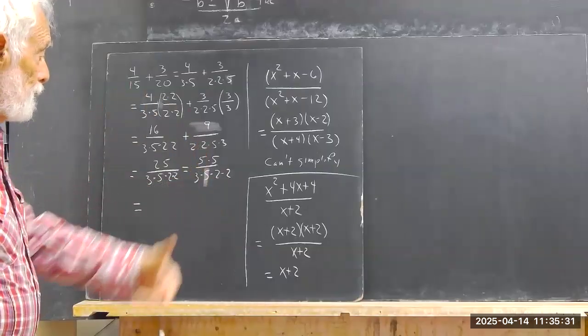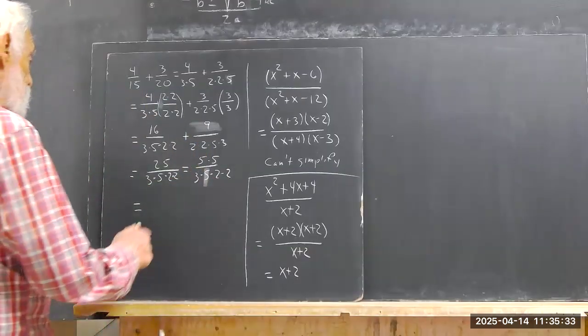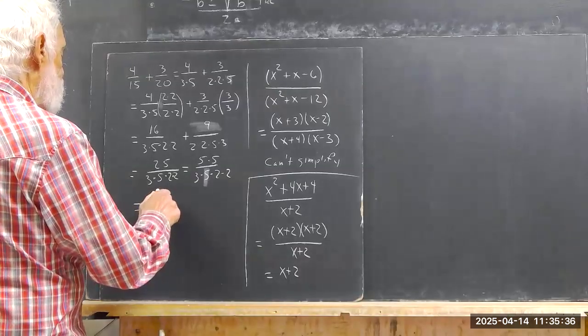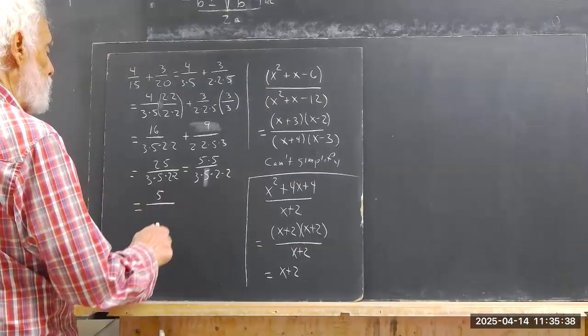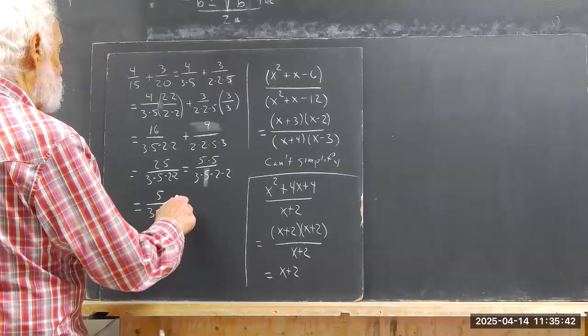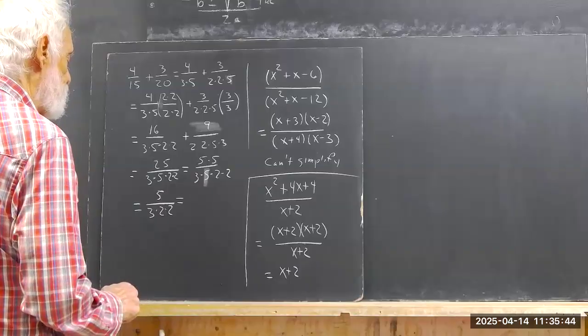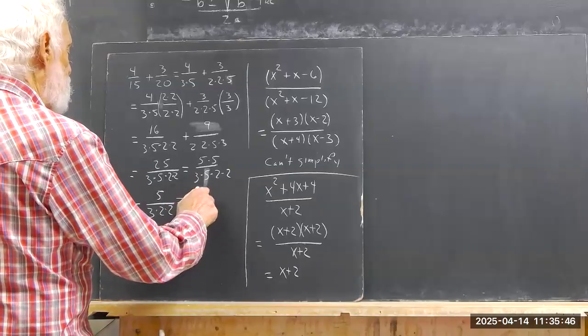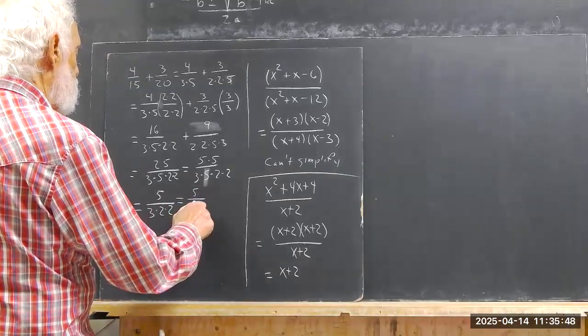And 1 times everything else is everything else. So this leaves us one of the 5s in the numerator and the 3 times 2 times 2 in the denominator. And that gives us then 5 over 12.